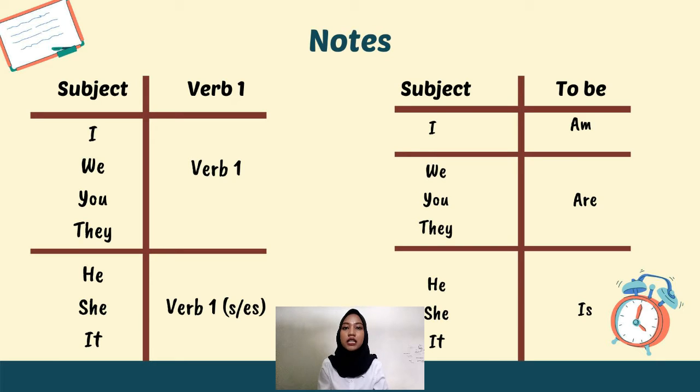And then the second is the use of to be. If the subject is I, we use to be am. When the subject is he, she, it, we use to be is. And when the subject is we, they, and you, we use to be are.